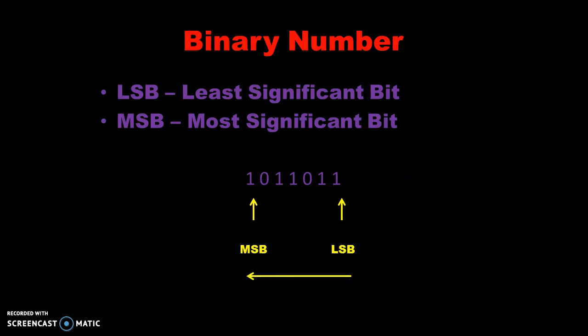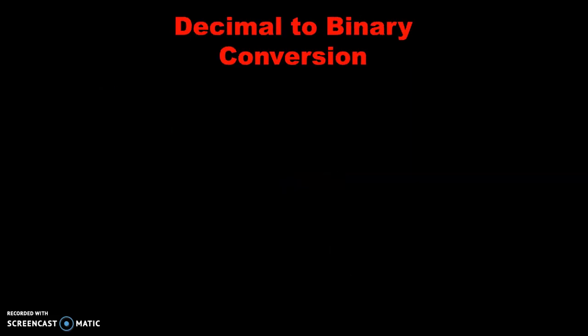We normally write our values from right to left, that is from least significant bit to most significant bit. This is very important when you are converting your decimal number into binary number. Then you will know the meaning of LSB and MSB and how to write any binary number. Now let us proceed further for decimal to binary conversion.